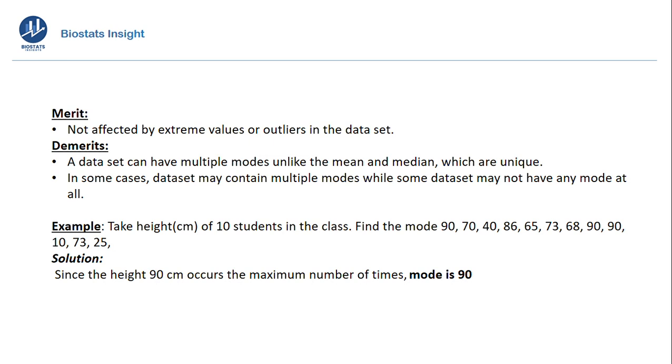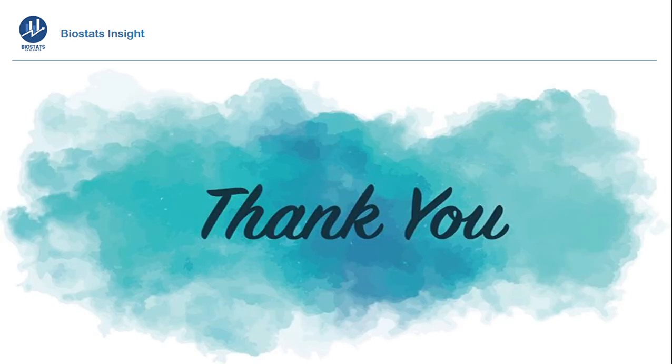Demerit: a data set can have multiple modes, and unlike mean and median, it is not unique. In some cases, data may contain multiple modes, while some data sets may not have any mode at all. It might be the case that none of the values are repeated, and we can say that there is no mode in the data set. Here is an example where we have the heights of 10 students, and we find that 90 centimeters occurs the maximum number of times, so the mode is 90.